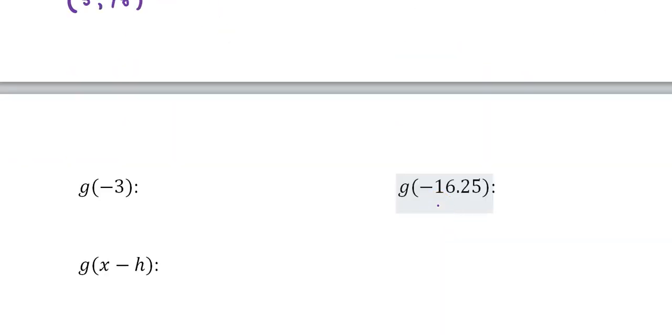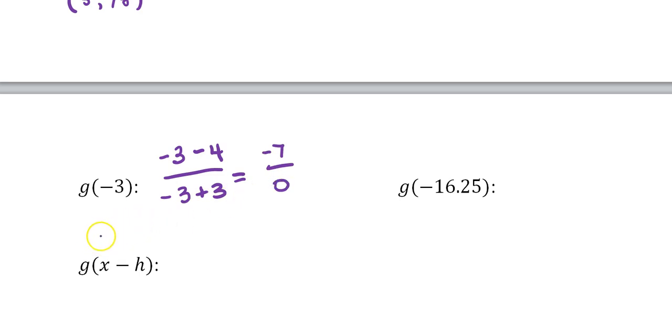For this next one, I'm going to have negative 3 minus 4 all over negative 3 plus 3. This is going to give me a negative 7 in the numerator, and then this is going to go to 0. And so we have to stop at this point and recognize that this is undefined.